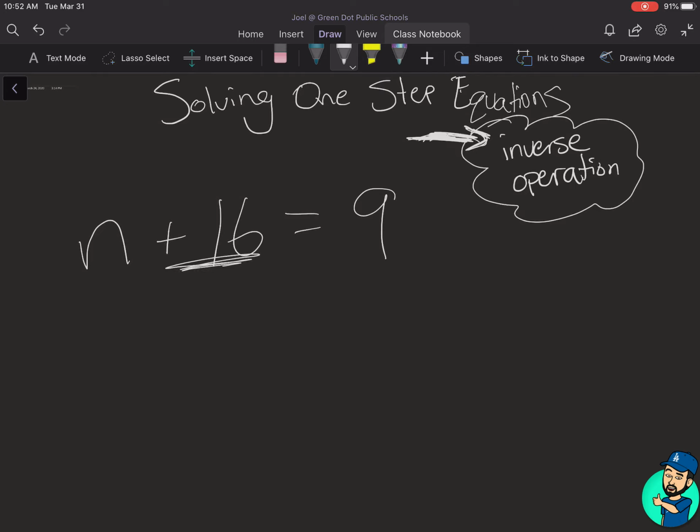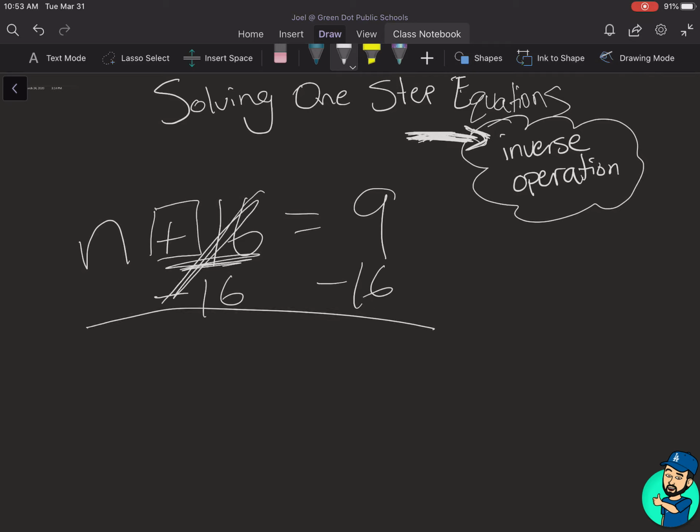You need to apply the inverse operation. When you move a number to the other side of the equal sign, you need to do the opposite operation, the inverse operation. So what is the opposite or the inverse of adding 16? Subtracting 16. Okay?